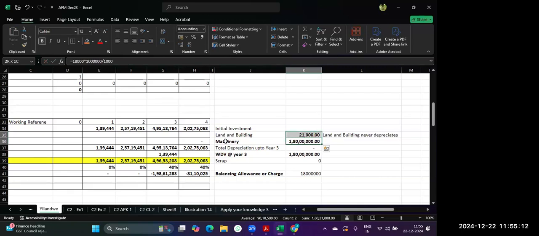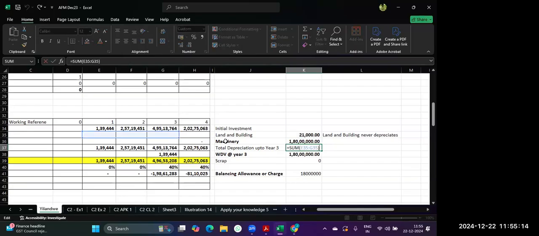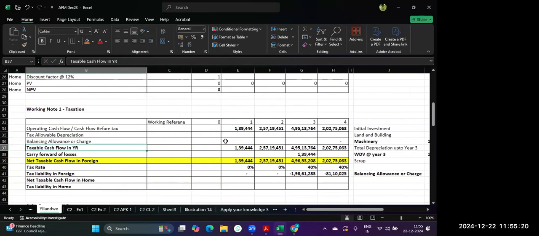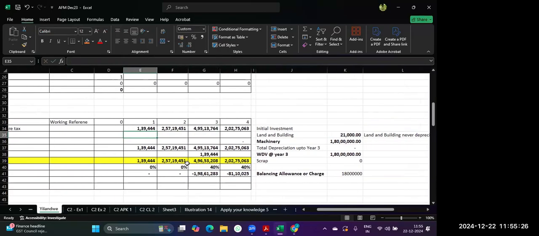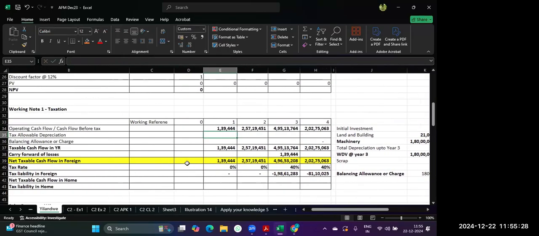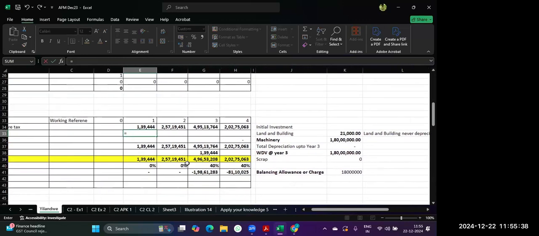How much is the depreciation to be charged, they are telling? SLM basis. But what is the percentage? 25%. So what should I do? Can you tell me the numbers, please?